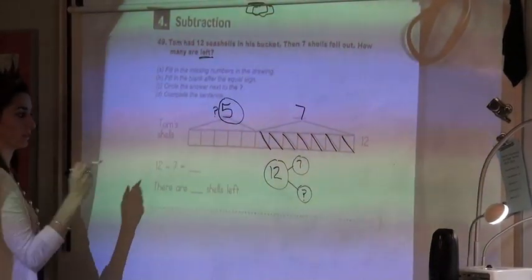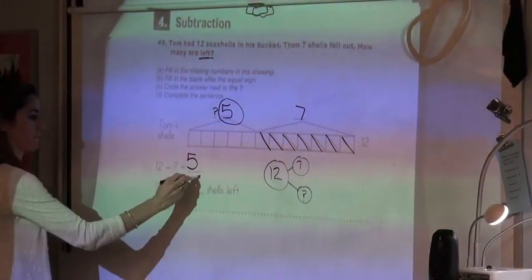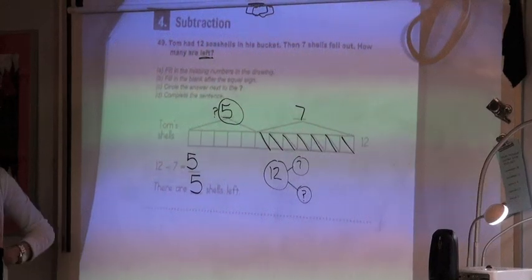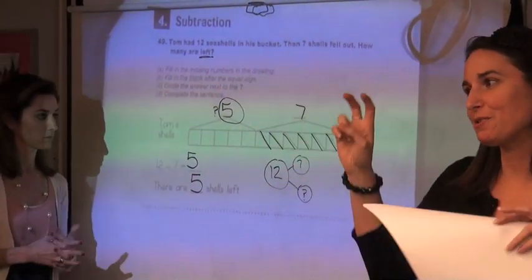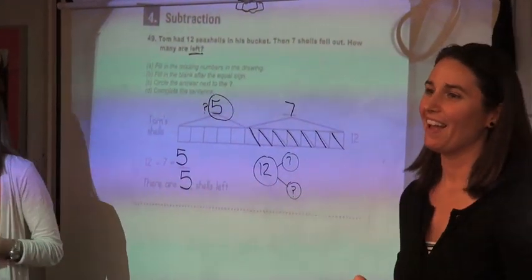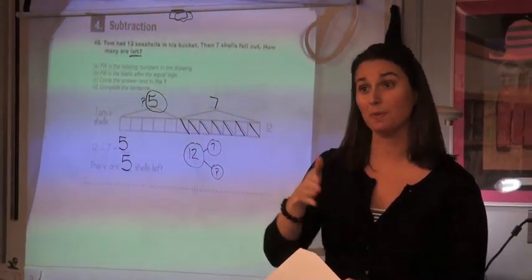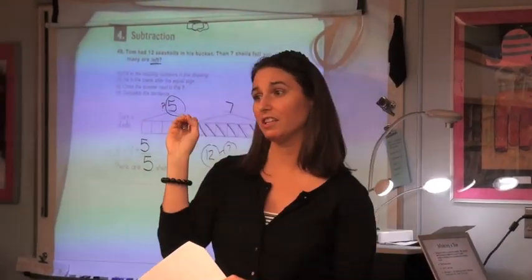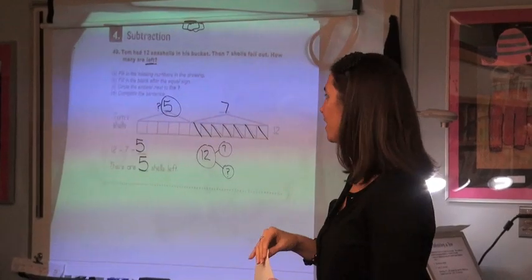And then they write the equation, 12 minus 7 is the same as 5, and then the sentence below. Later in the year, at the very end of the year when we start multiplication, we basically just teach them that it's repeated addition. It's just a glimpse, to get them ready for 2nd grade, nothing to stress or worry about.